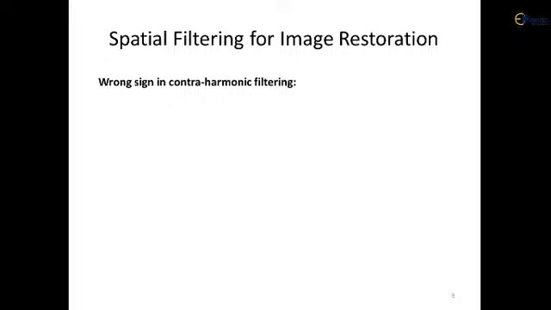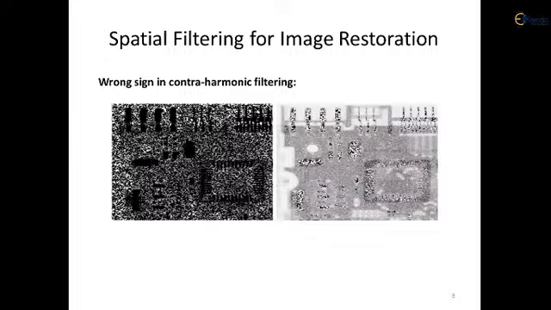When we just swap the signs for the contra harmonic filters with Q of magnitude 1.5, see the corresponding results for the pepper noise and the salt noise images represented here. So here we have selected Q equal to minus 1.5, and here it is Q equal to 1.5.